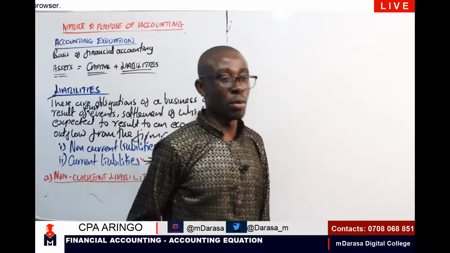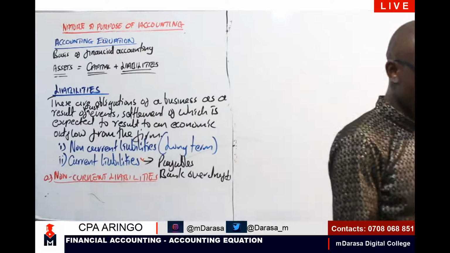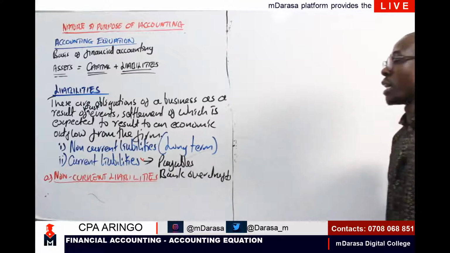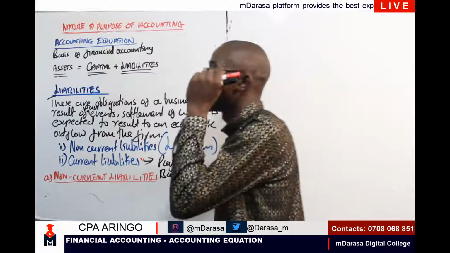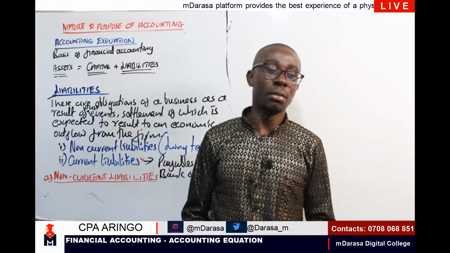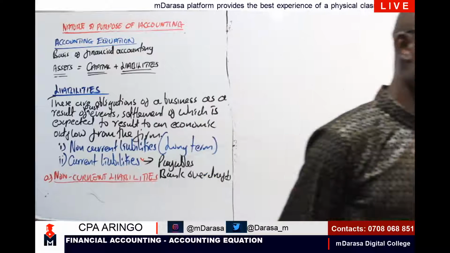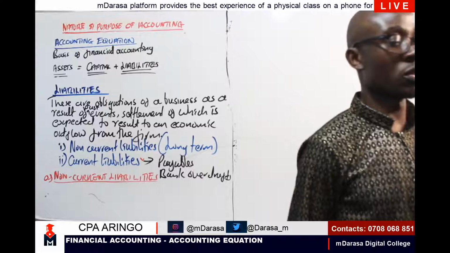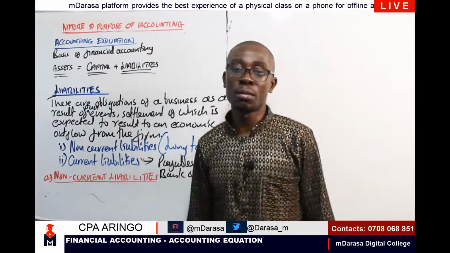In a very simple manner, capital is the residual amount of the owner's interest in the firm after deducting liabilities from the assets. Or rather, it is the amount or resources that we use to start a business. These are what you're terming as capital.